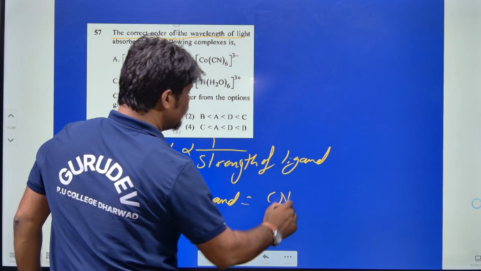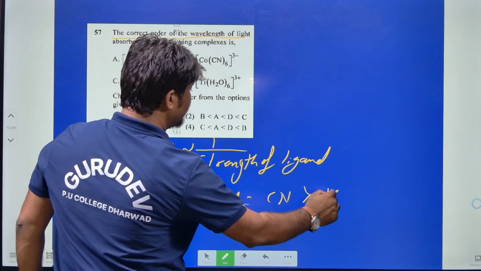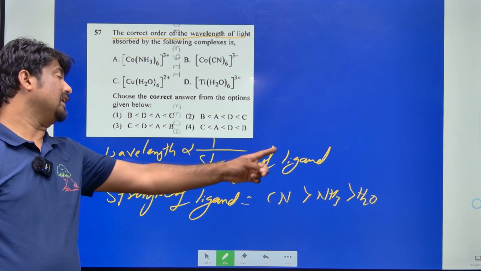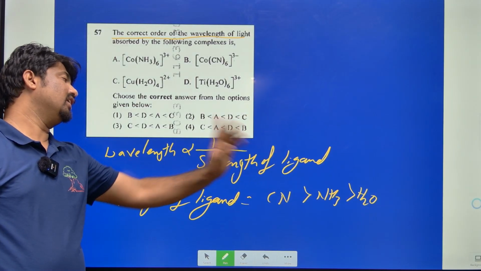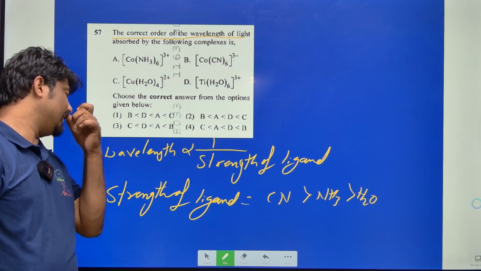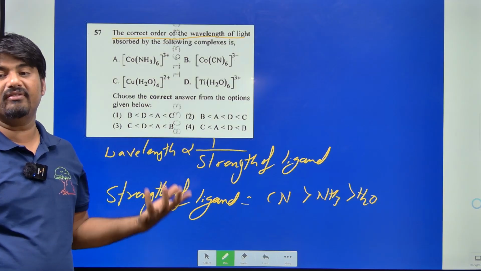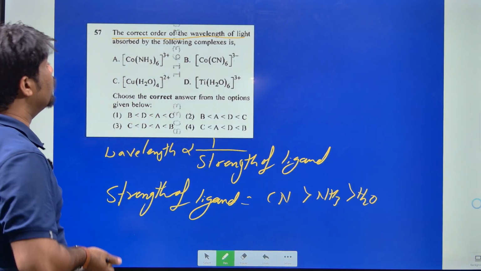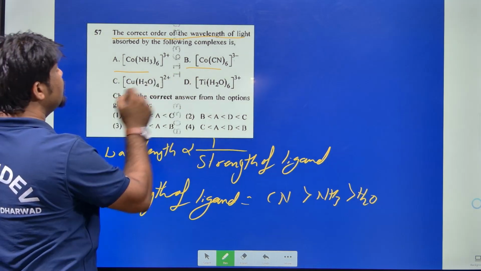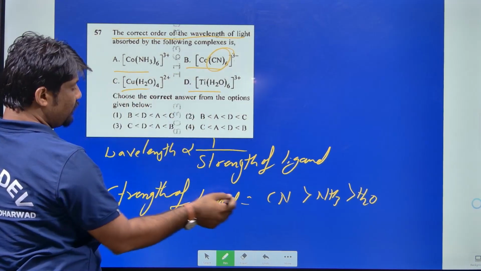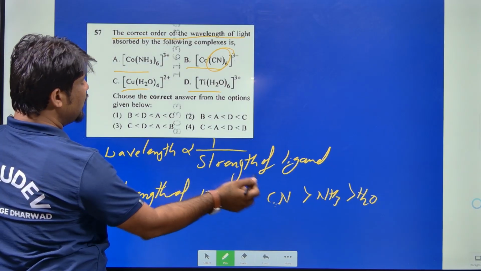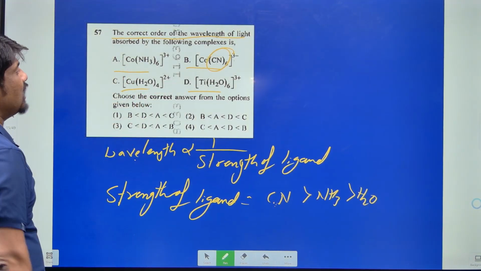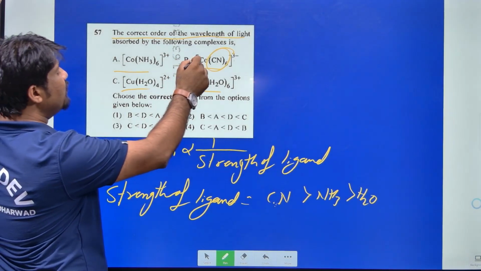CN will have more strength than NH3, and the least will be water. The stronger the ligand, the lesser the wavelength. If the wavelength is lesser, then obviously absorption will be more. So among these A, B, C, D, cyanide is the strong field ligand. When cyanide is a strong field ligand, then the wavelength is less. If the wavelength is less, then it is easily absorbed. That's why B will absorb more.